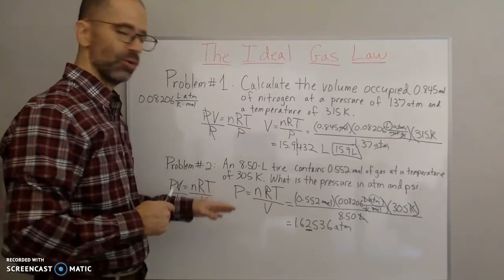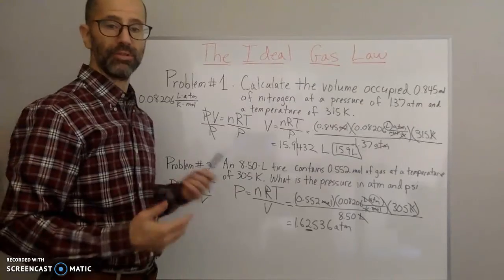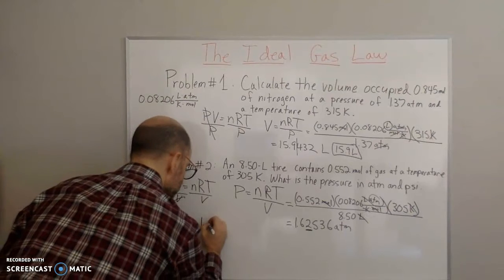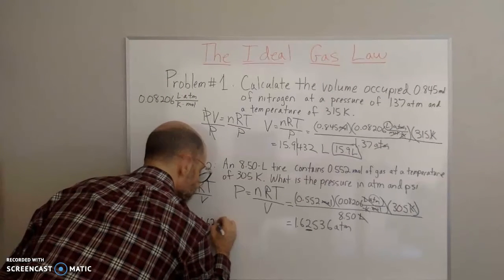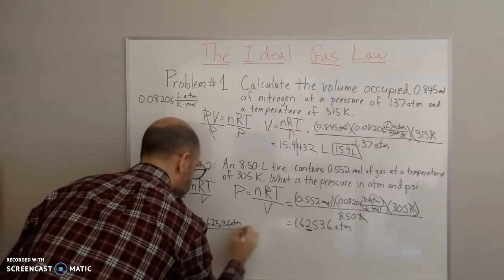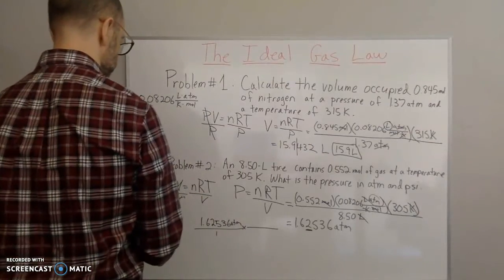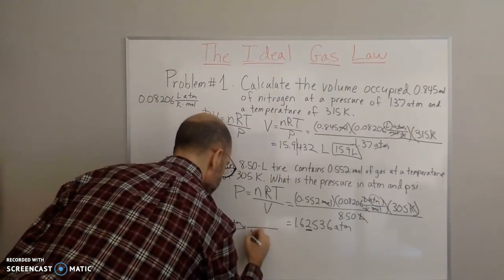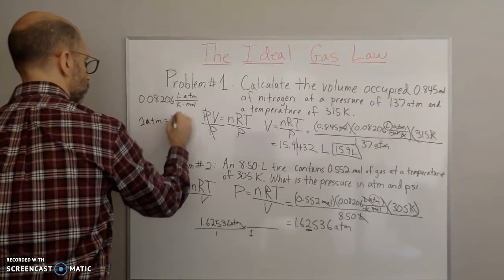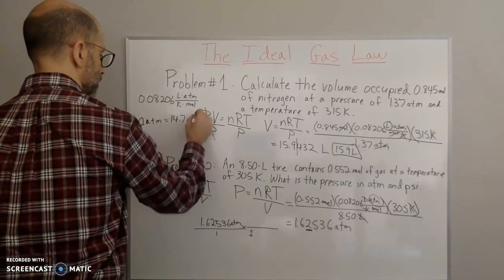So if you remember, 1 atmosphere is equal to 14.7 pounds per square inch. You have to know that equality to make the conversion. So we'll take the 1.62536 atmospheres over 1, and we'll use the equality. So we'll write this down. 1 atmosphere is equal to 14.7 pounds per square inch, PSI.